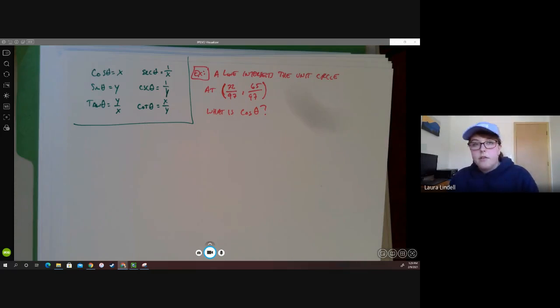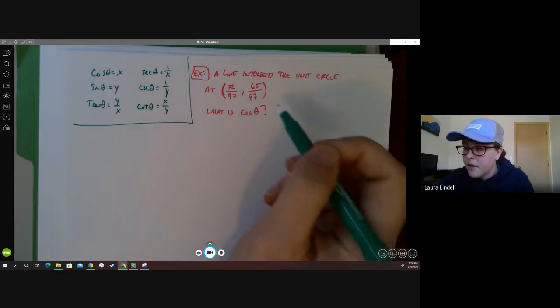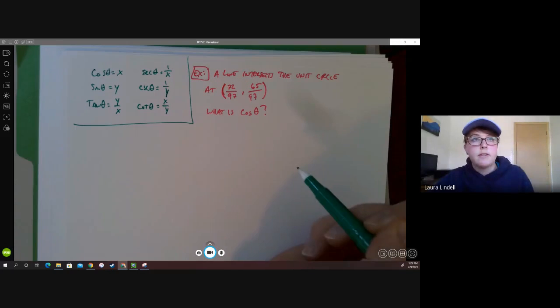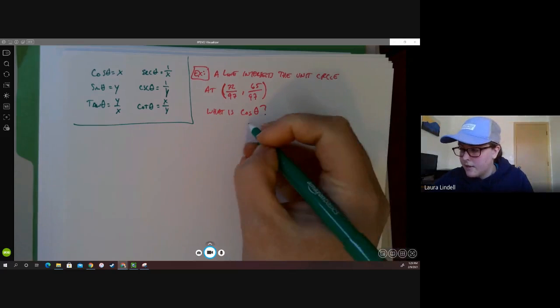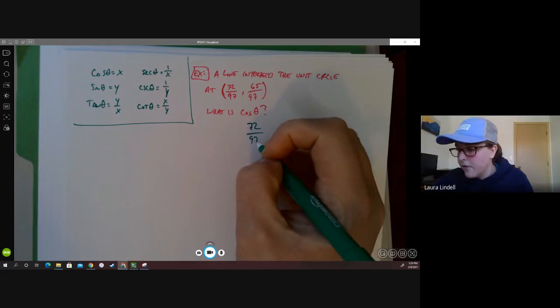Okay. So when you see problems like this, it's saying it intersects the unit circle at these coordinates. What is cosine of theta? The nice thing is, since it tells you that it intersects the unit circle, all you really have to do is cosine corresponds with x, so we choose the x value for our answer. That's it, 72/97.